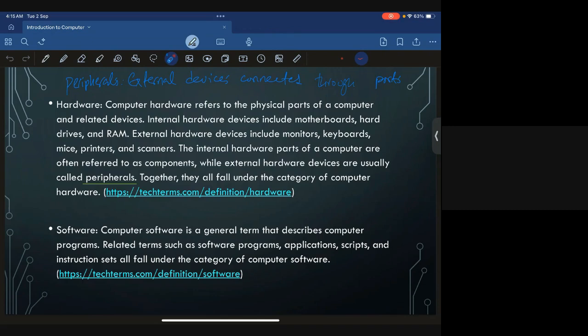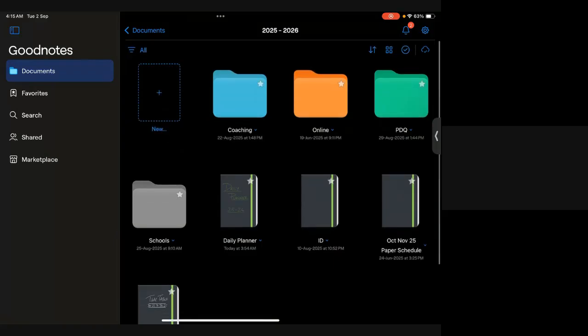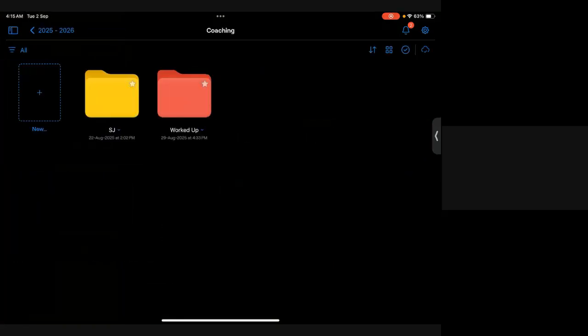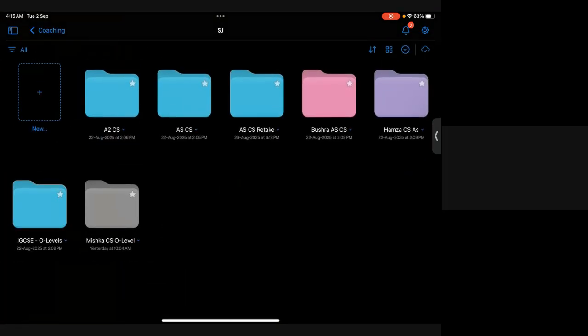External are everything that are connected externally via the USB port. That's the USB. So generally USB refers to the universal serial bus. That's the port, okay, where we connect the device onto. So it's basically the USB port that we're talking about right now.